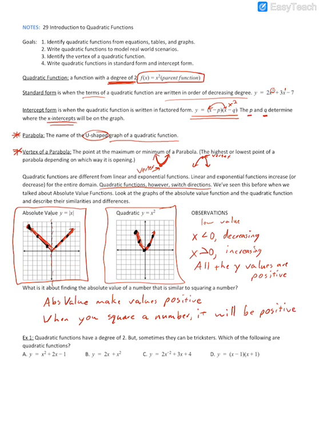If you pick a positive number, a positive times a positive will always give you a positive value. And likewise, if you pick a number and that value is negative, a negative times a negative will also be positive. So similar to absolute value, if you square something, it's going to make it positive, okay?